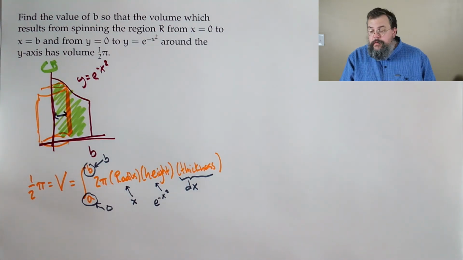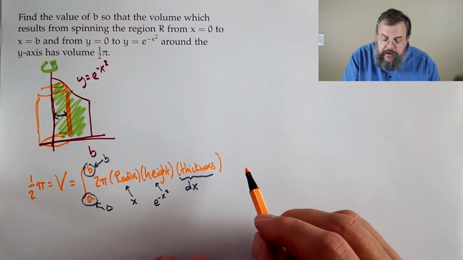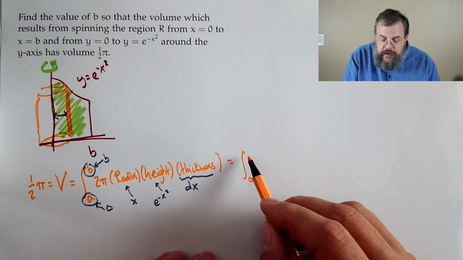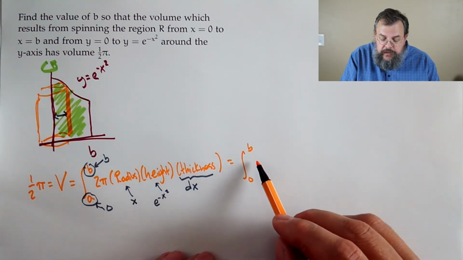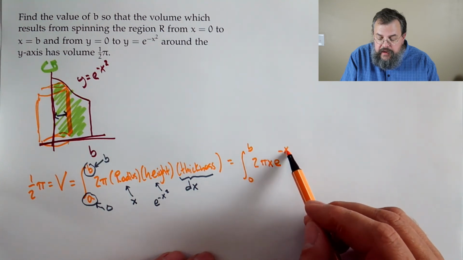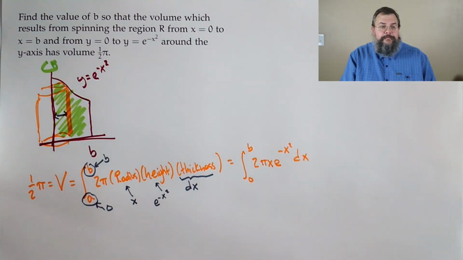So what do we have? We have the integral from 0 up to b of 2 pi x e to the minus x squared dx. Good. Now we just have to figure out what the right value for b should be.